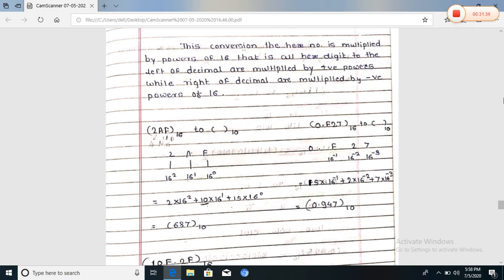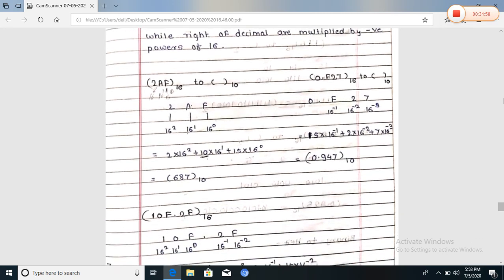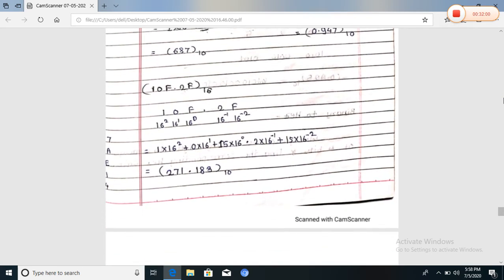For binary the base is 2, for octal it is 8, and for hexa the base is 16. So here we have 16 raised to minus 1, 16 raised to minus 2, 16 raised to minus 3 for F27. The answer is calculated this way, check it by calculator. You have to practice this.